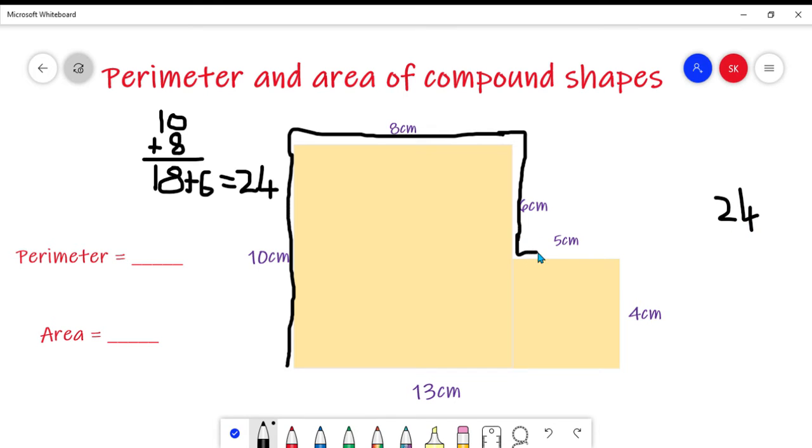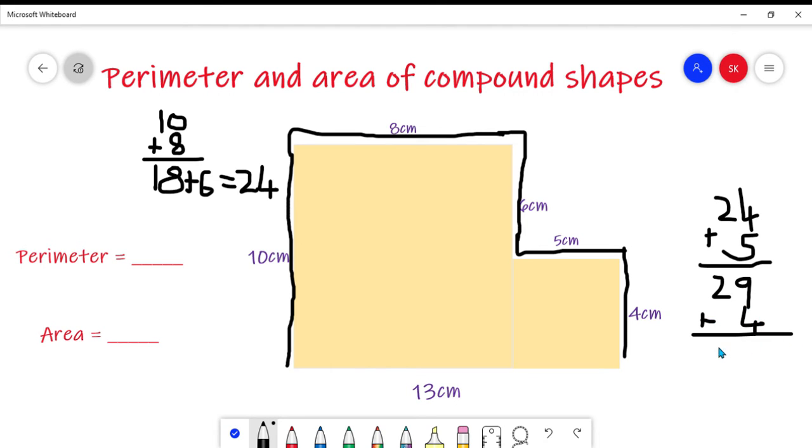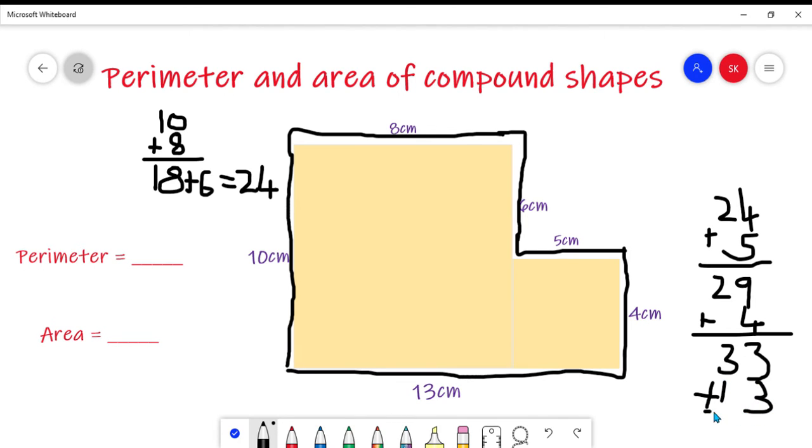Then we carry on going round, 5, which gives us 29. And we carry on going round, add 4, which gives us 33. And the final one, 13 centimeters, this long one down there, add 13 will give us our final answer.